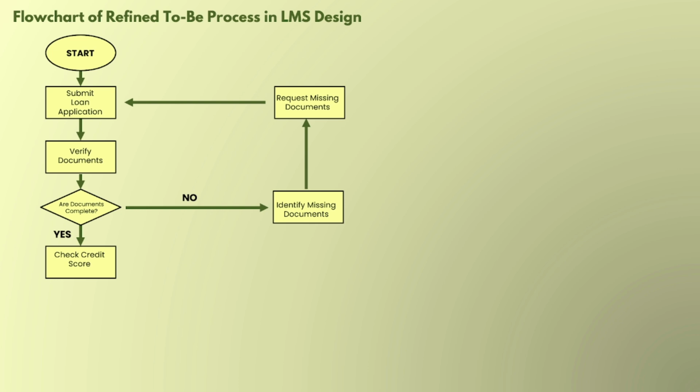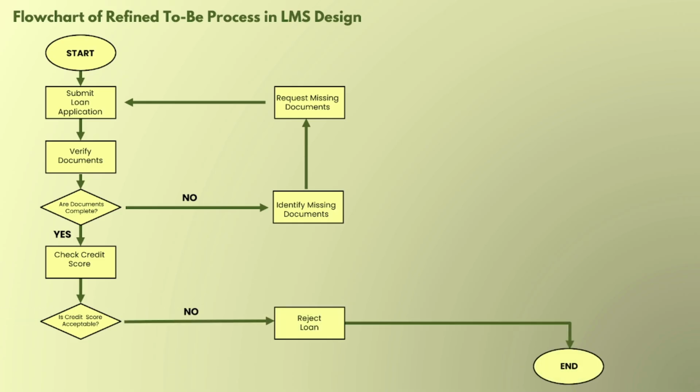If the credit score is very low, then these are potential defaulters, so we can't give the loan to such customers. So here also we need to take a decision. Then again a diamond comes, and here whether the credit score is acceptable or not is the decision taken. If it is yes or if it is no, on the basis of that the workflow moves on.